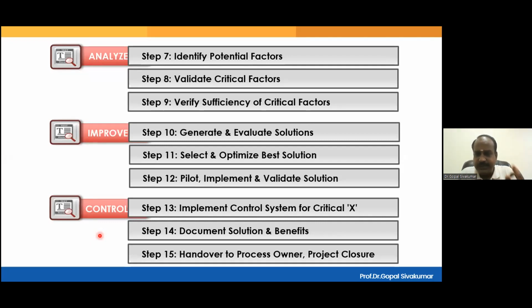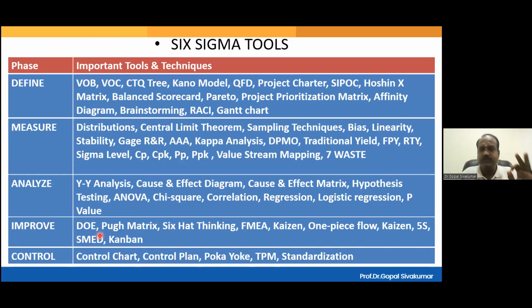For producing each of these outcomes, how many steps do you have to perform? 3 steps. And there are certain tools and techniques recommended. Using the tools, you can work very diplomatically and deliver results at every step. If you deliver results every step, then every phase you will be successful.